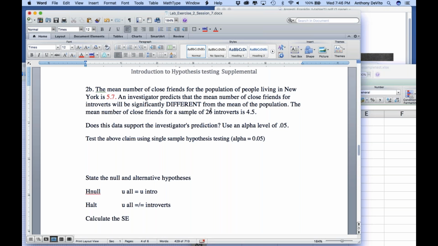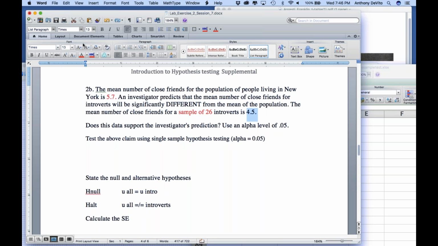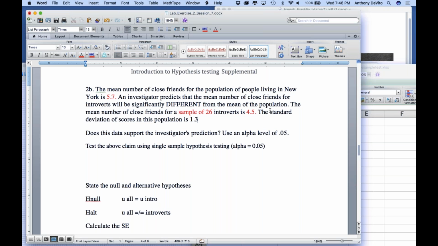The sample of 26 introverts has a mean of 4.5, and the standard deviation of the sample group is 1.3. Not the standard deviation of the population, but only of those 26 people in the sample.